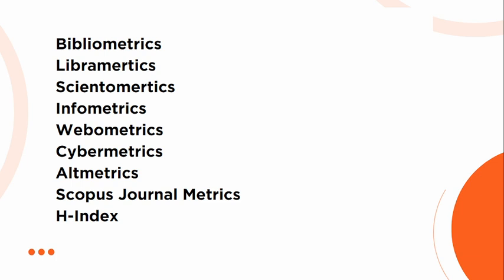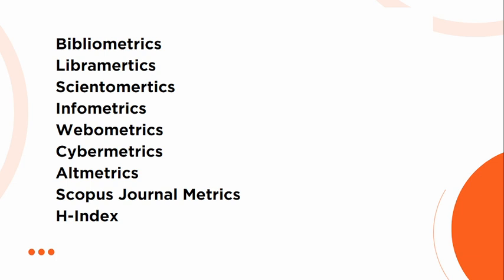I have also added two extra: Scopus journal metrics and H-index, for additional information. H-index was also raised in last year's UGC NET question paper: 20 papers with 20 citations, what is the H-index? Questions like that were raised in previous years. So let's go.